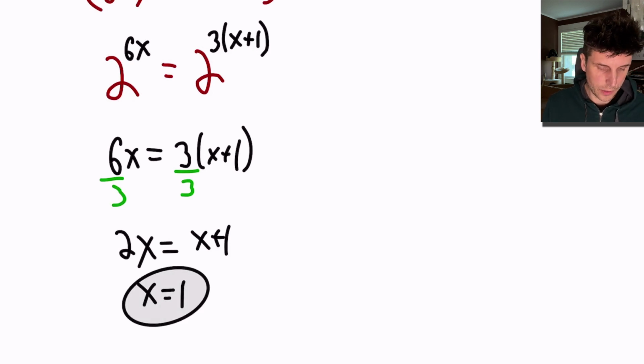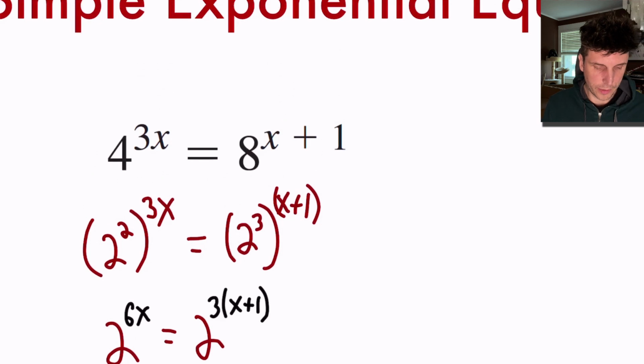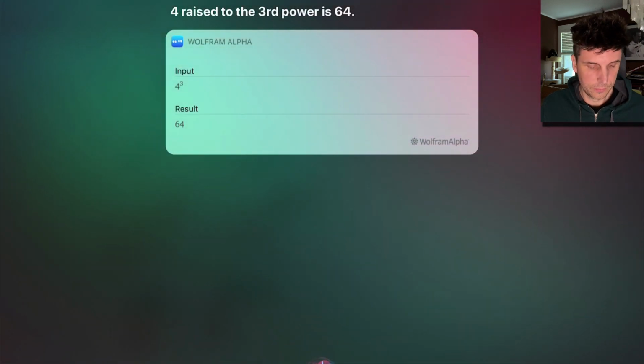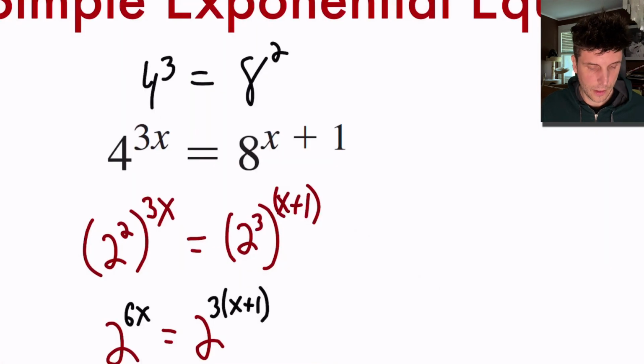And just for fun, we could go back to the original and plug in 1. So we have 4 to the third equals 8 squared. Is 4 cubed equal to 8 squared? Basically, is 4 cubed equal to 64? What is 4 cubed? 4 raised to the 3rd power is... okay, 64. So we know we did it right.